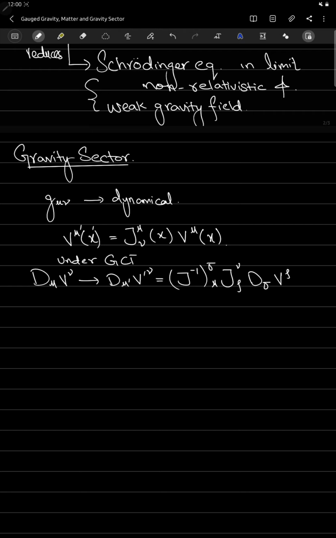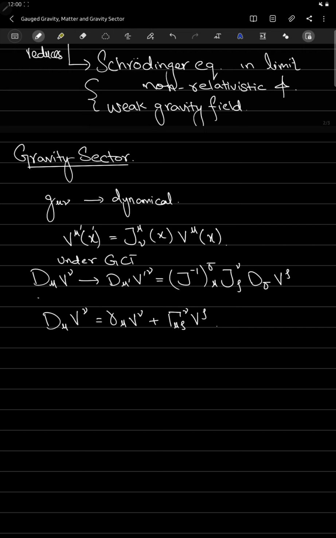We can generally write our covariant derivative d mu of v nu as partial mu v nu plus these symbols, which you'll see are called the Levi-Civita connections, or another name for that is the Christoffel symbols. We'll define them in a bit.